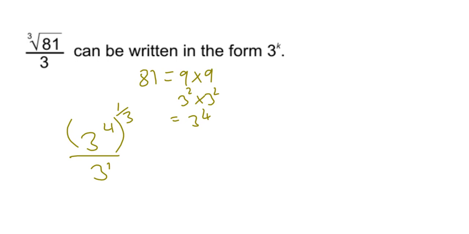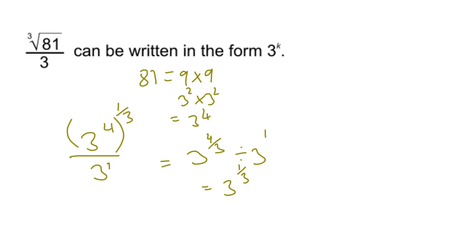So this ends up as 3 to the power 4 over 3 divided by 3 to the power 1. And that is going to be 3 to the power 4 over 3. We take away the powers and I get 3 to the power 1/3.